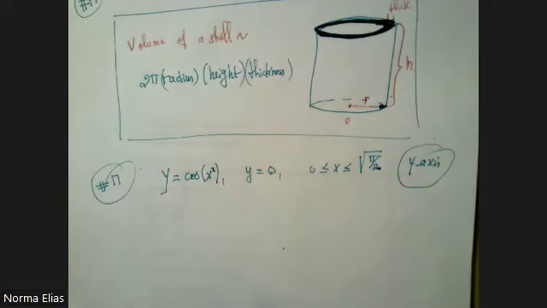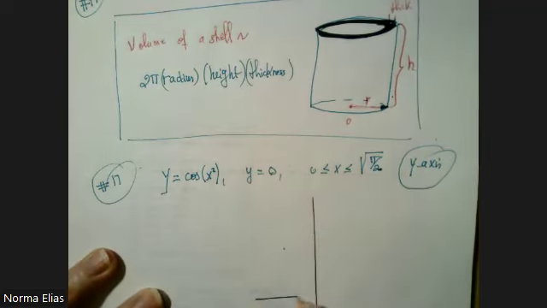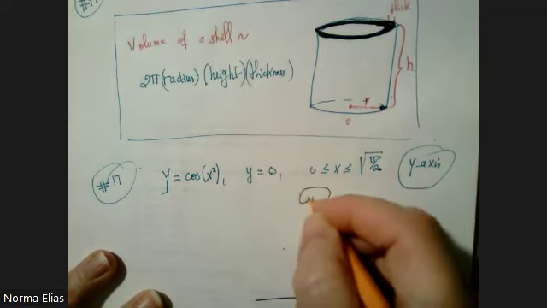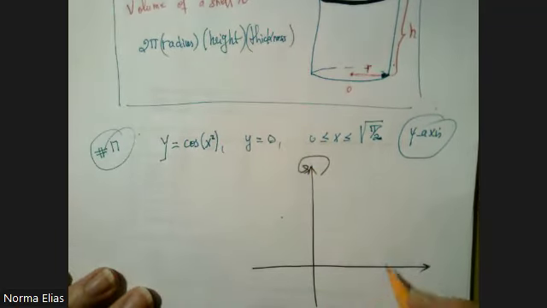All right, as usual, we have to graph. And since this was assigned as homework, I expect you to use decimals to graph all those. So this is my axis of rotation. Important: x between 0 and the square root of pi over 2. So that's the square root of pi over 2.